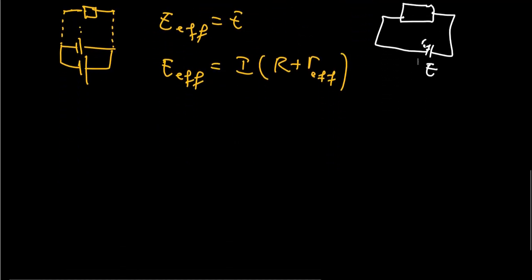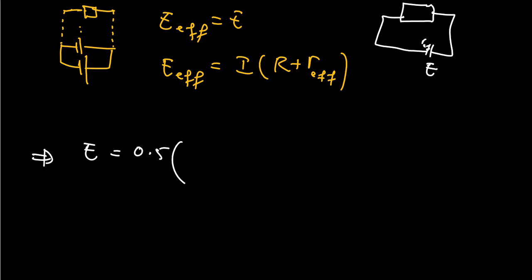And so we proceed by getting a second equation. So the effective EMF is E, which is 0.5 into 2 plus the effective internal resistance. That's from when resistors are connected in parallel.